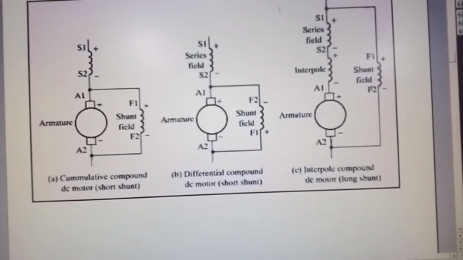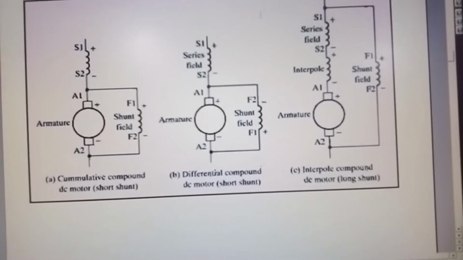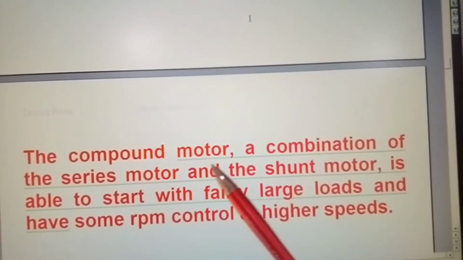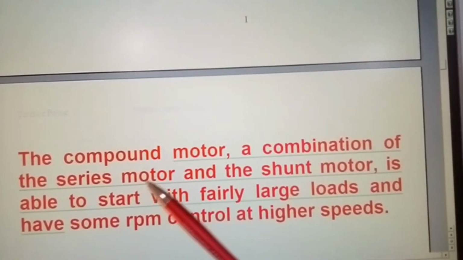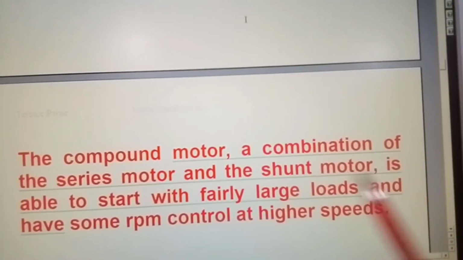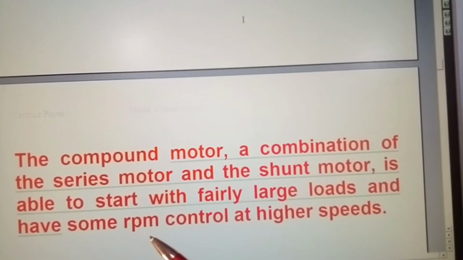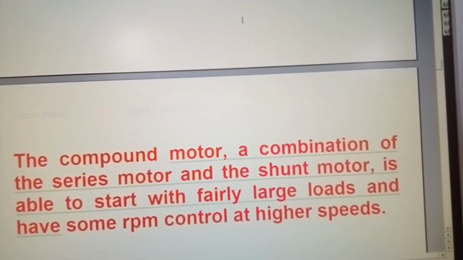Okay, the compound motor, a combination of the series motor and the shunt motor, is able to start with fairly large loads and have some RPM control at higher speeds.